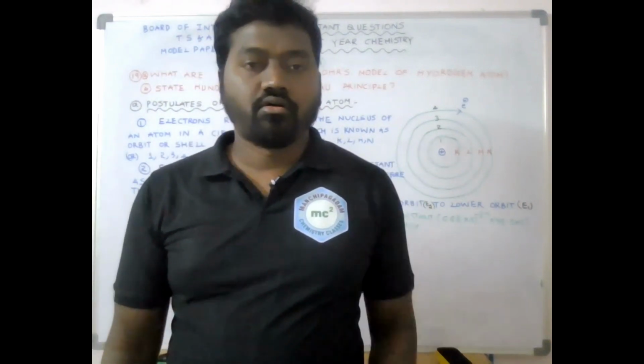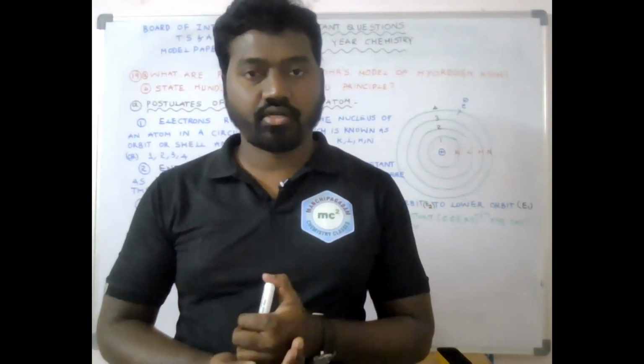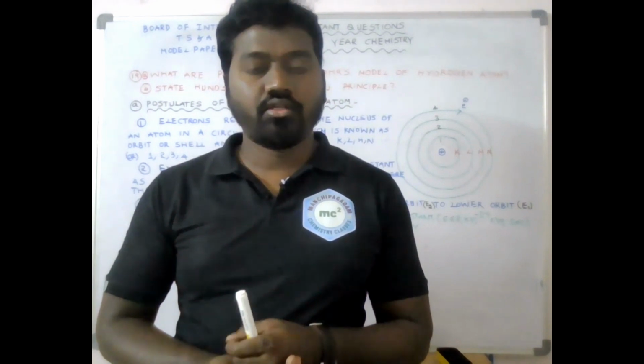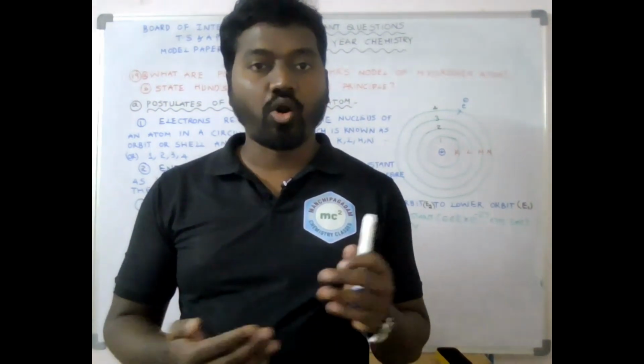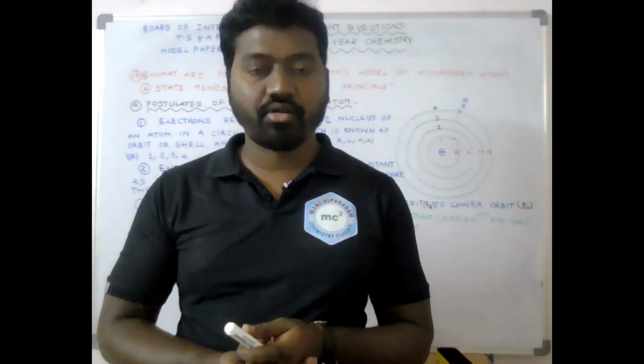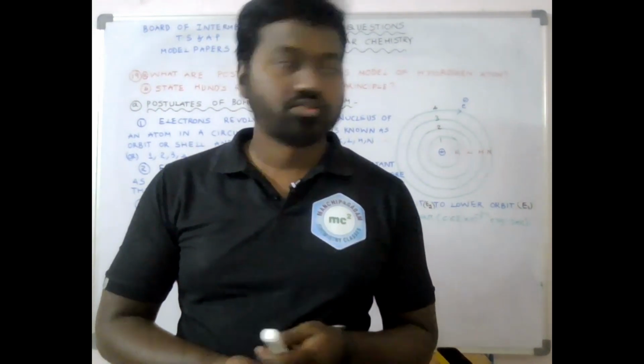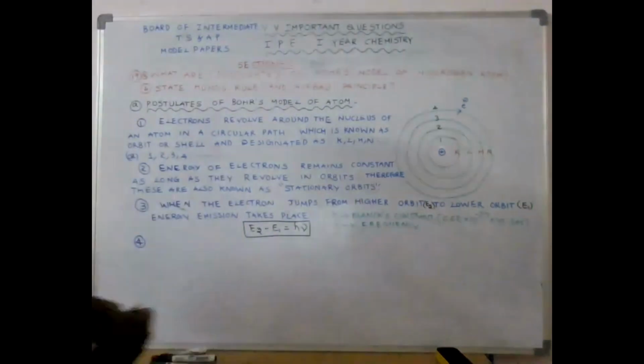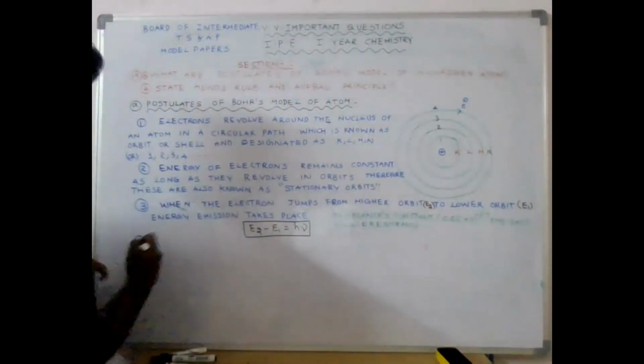Mass into velocity, right? So that inertia is how many times of velocity, then that is called angular momentum. Okay, so angular momentum of electron, that we are going to write.